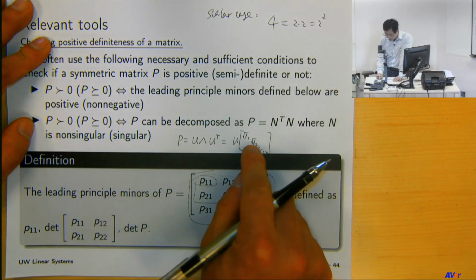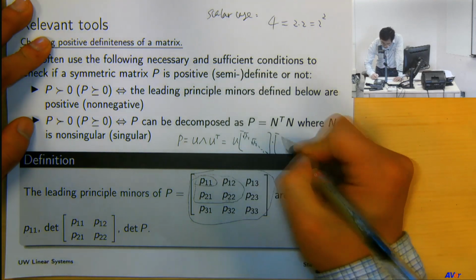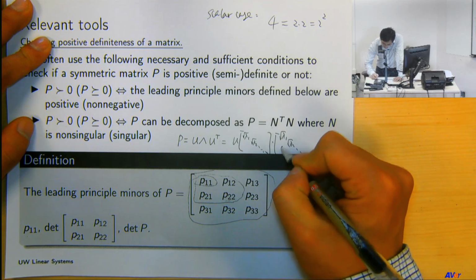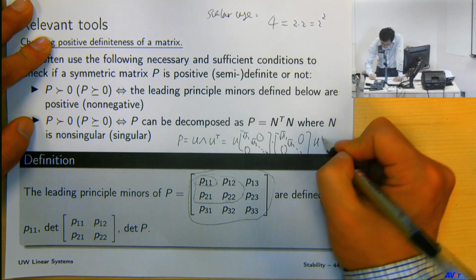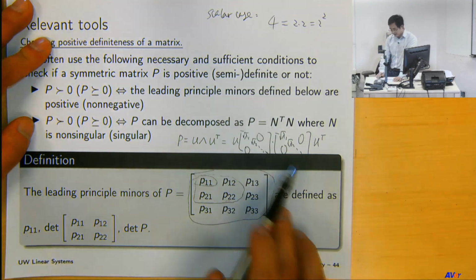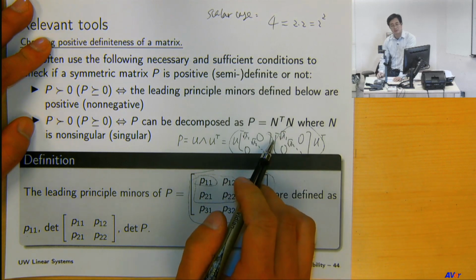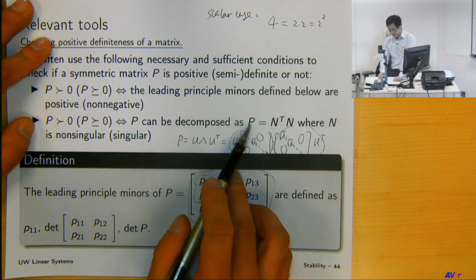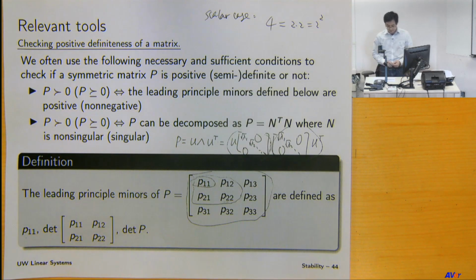So all the eigenvalues are positive. So this lambda can be decomposed into this. And then you can see that this is sort of like this matrix times its transpose. You get an N, which is like a square root of a matrix over here.